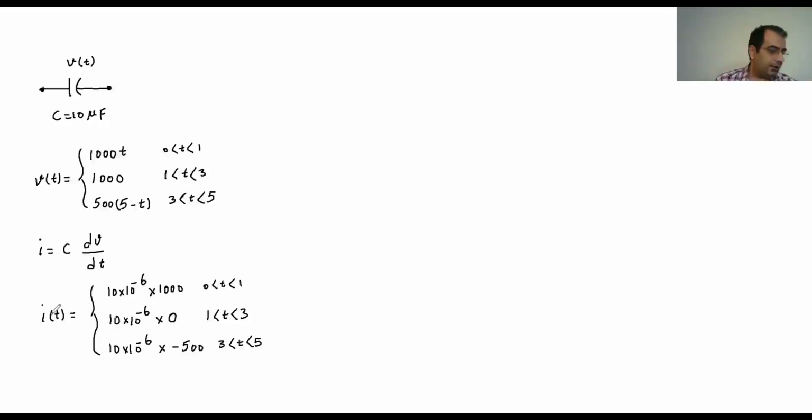Now that we have the I, we can go ahead and calculate the P. So we know that the power is always voltage times current.